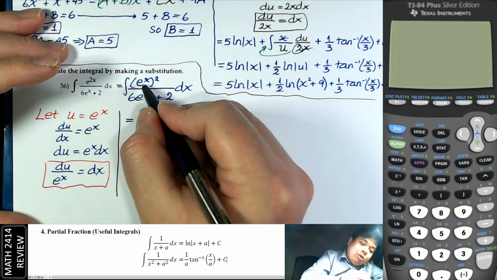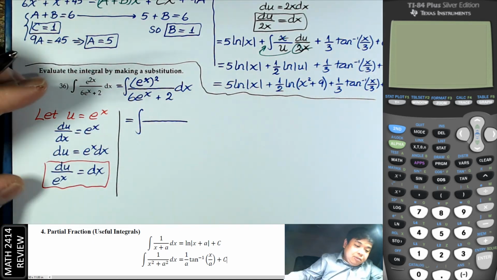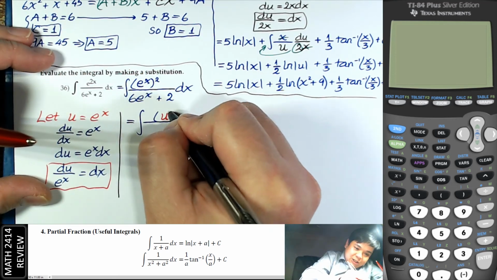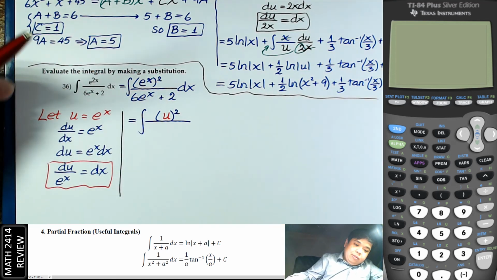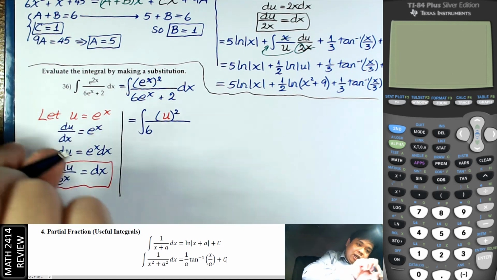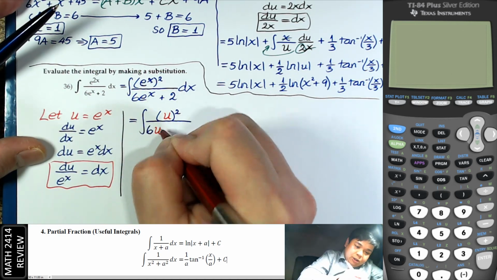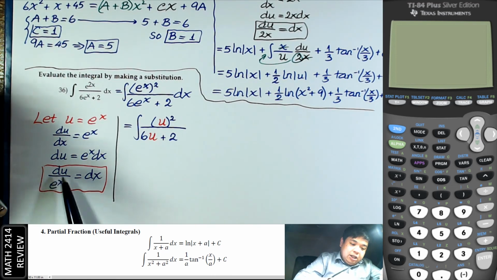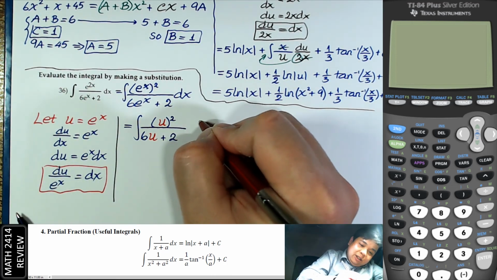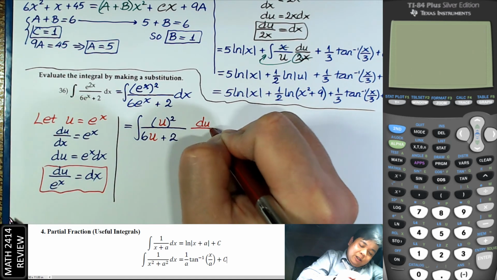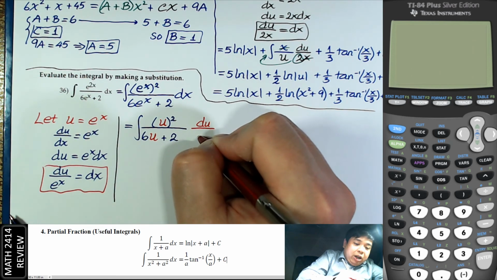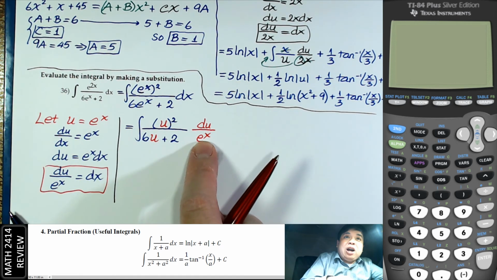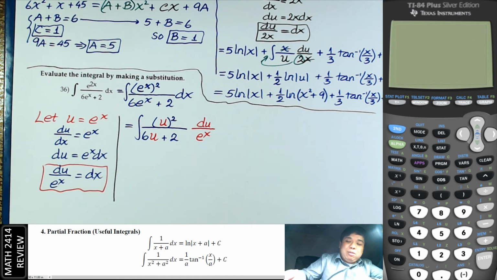Okay, that will work. e to the x here, that is u, right? And then 6e to the x again is u. And dx is du over e to the x. If we write e to the x, of course that by itself, but we also know that e to the x is u, so we replace that by u.